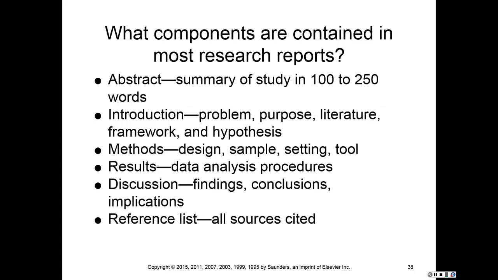There's a section for methods, and that describes the design, the sample, the setting, and the tool or tools. A results section, data analysis procedure. What statistical tests were used? And the discussion includes a report of the findings, conclusions, and implications. And finally, a reference list, all sources cited.